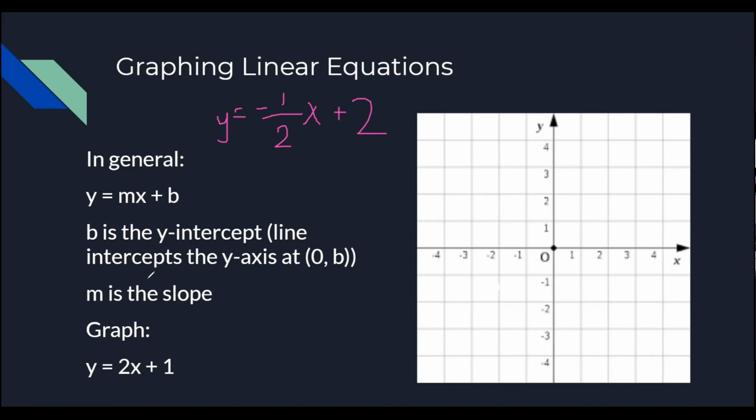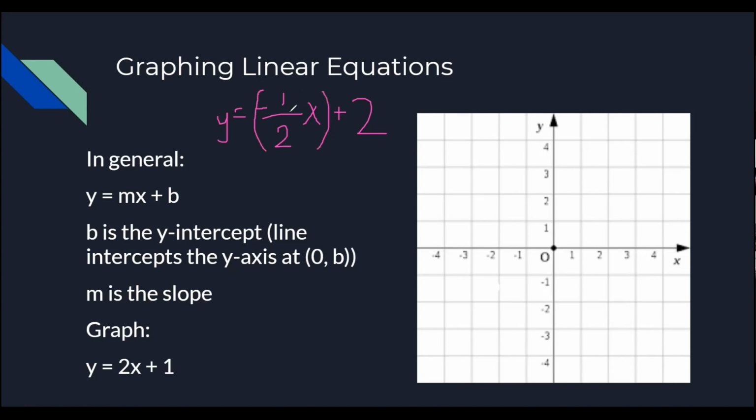First tell me, what do you think the y-intercept is? Is it when x equals 0 or is it when y equals 0? It's when x equals 0. So when x equals 0, what does y equal? y equals 2. Yeah.